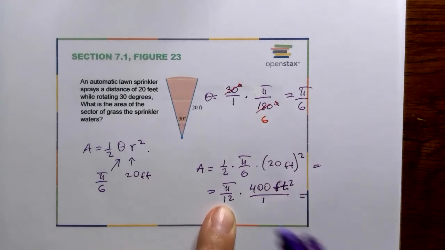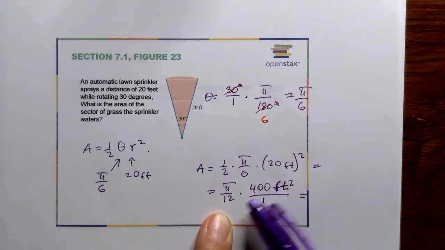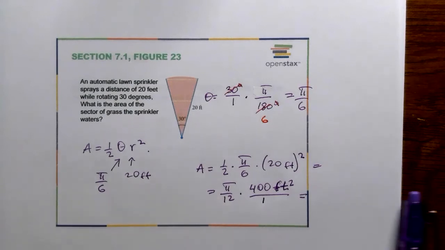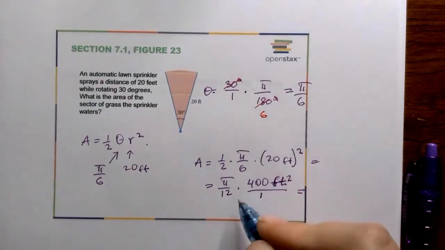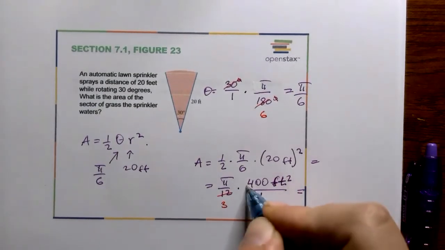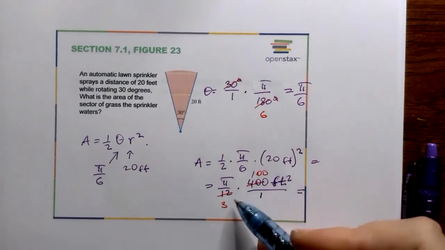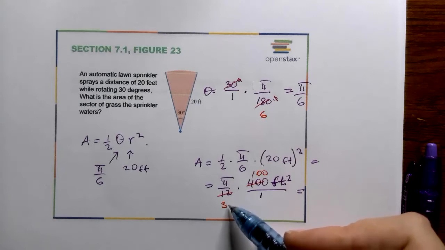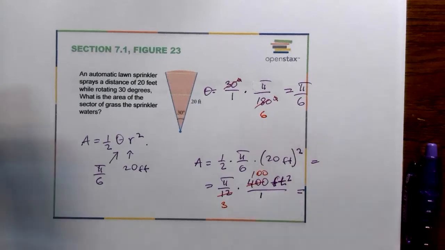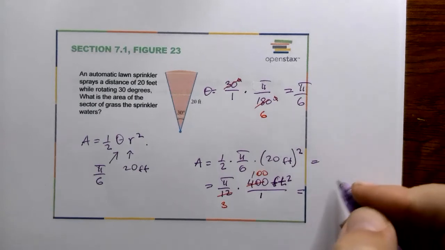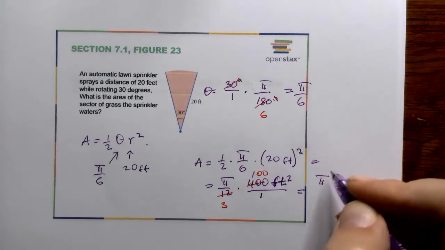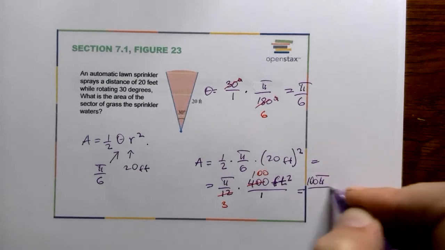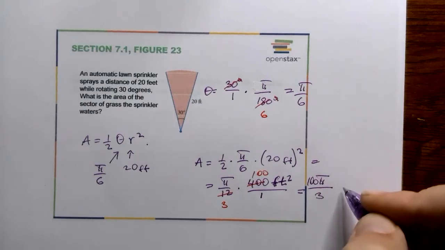Now, let's try and simplify this. 4 goes into both 12 and 400. So when we cancel out 4, from 12 we're left with 3, and from 400 we're left with 100. So our final is pi times 100, so 100 pi over 3 square feet.